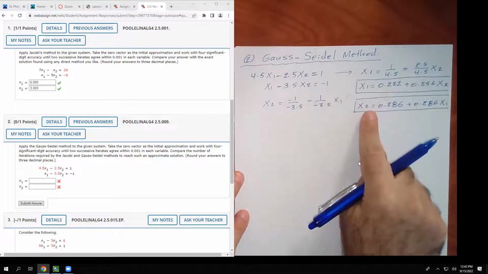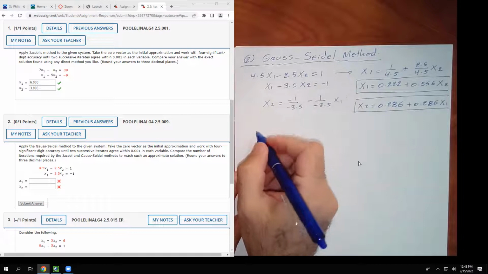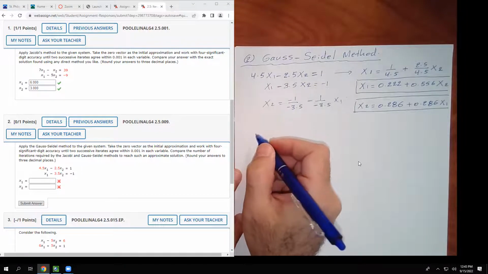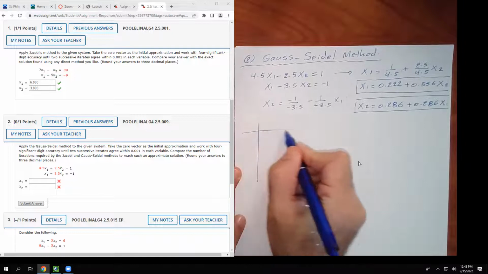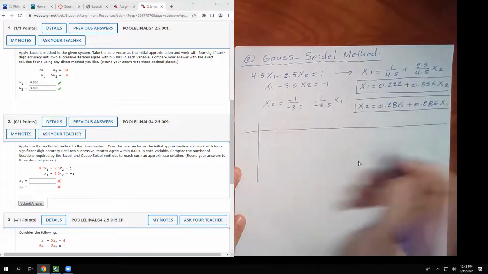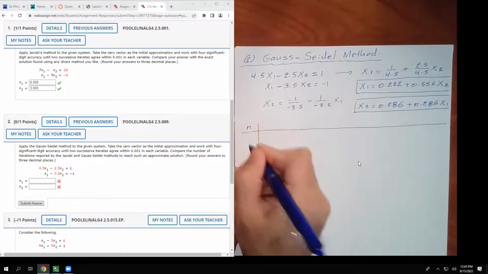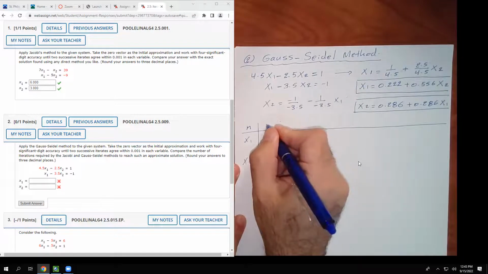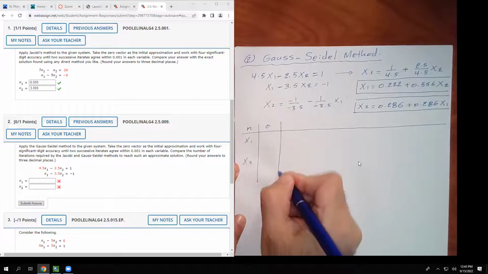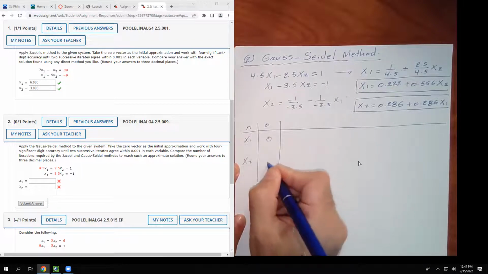I have two equations. Now I'm going to create the table with n, x1, x2. For the first iteration, we start with the zero vector, so 0, 0.